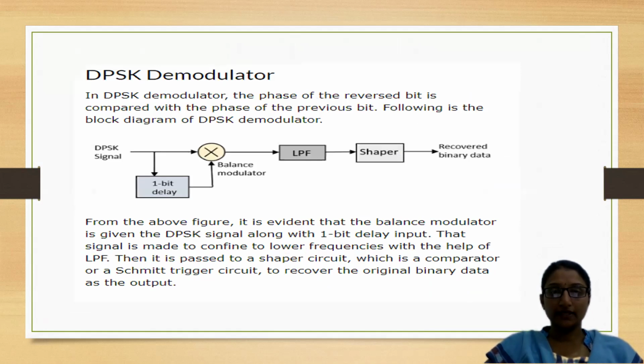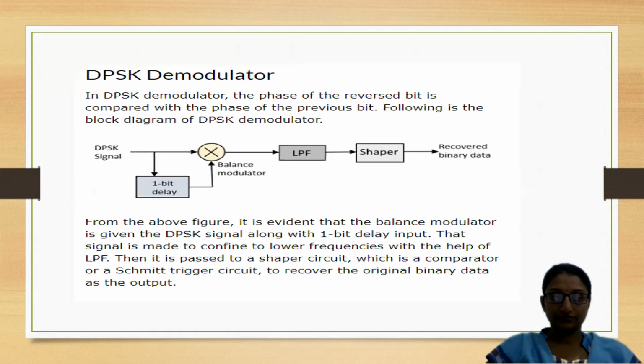Coming to the DPSK demodulator, the figure is as shown. The phase of the received bit is compared with the phase of the previous bit, and that is given to a balanced modulator.